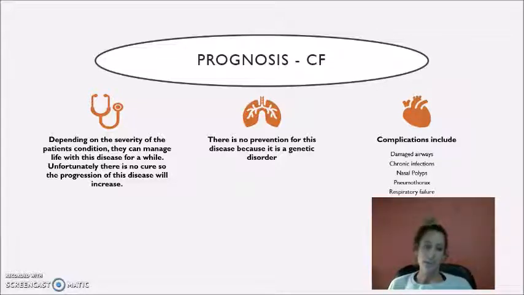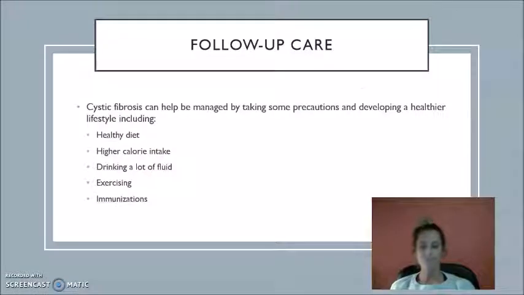Complications include damaged airways, chronic infections, nasal polyps, pneumothorax, respiratory failure, and acute exacerbations. That is what it has in common with COPD, they both have acute exacerbations, and this causes chest pains and all that kind of thing. So patients can learn how to deal with and try to minimize acute exacerbations.